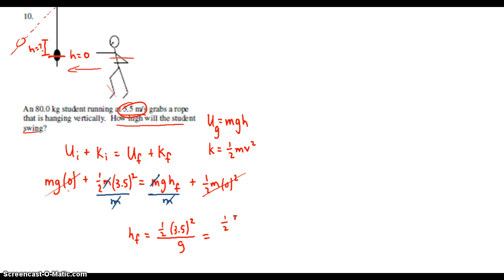We find that to be 0.625 meters. And we're done.